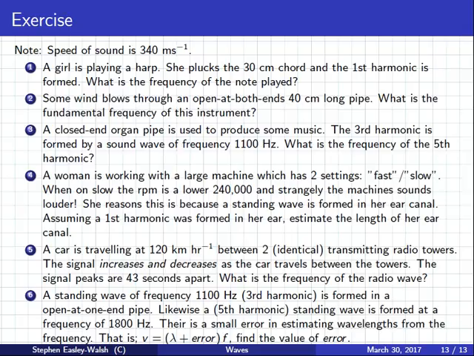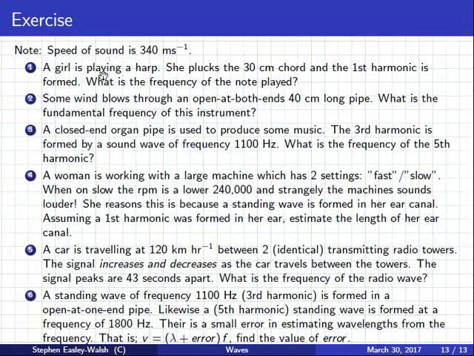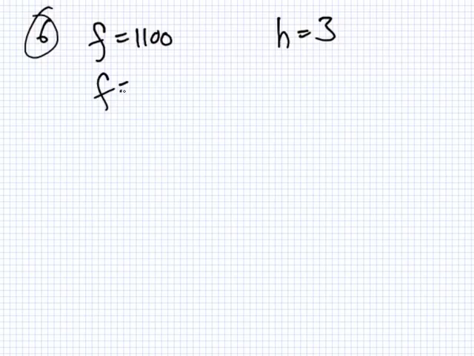Here I say there's a standing wave of frequency 1100 in an open at one end pipe and a fifth harmonic at 1800. So let's write that down. The frequency is 1100 and the harmonic is the third. When the frequency is 1800, the harmonic is the fifth.